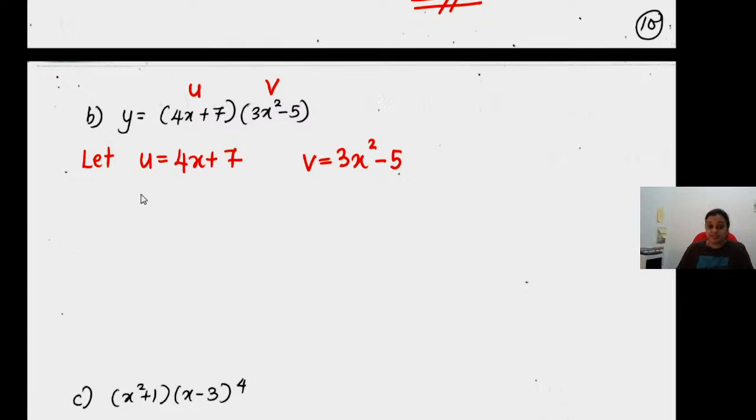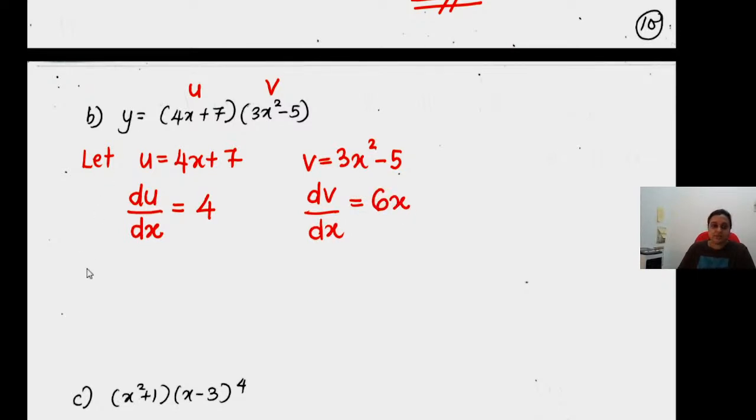Then we differentiate the u, so du, differentiate with respect to x. When we differentiate here, we get only 4. The 7 is no more because 7 doesn't have x, so it becomes 0. For dv we differentiate with x also, so here we get 6x.